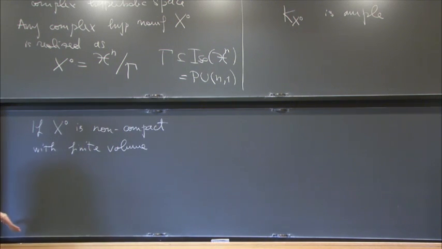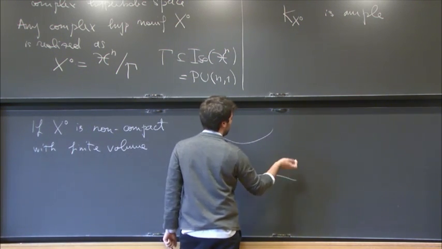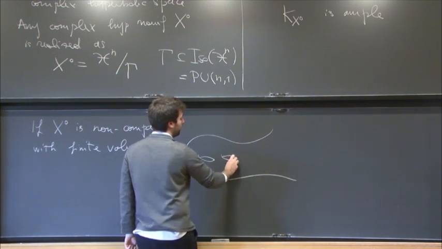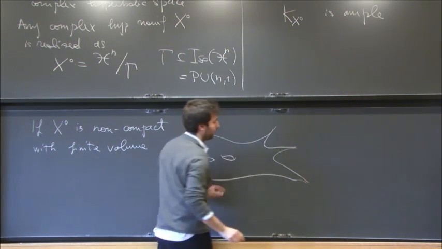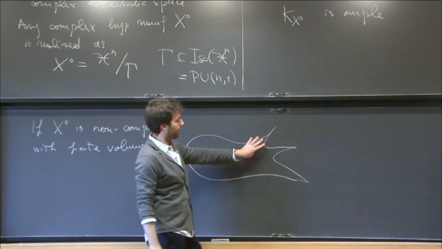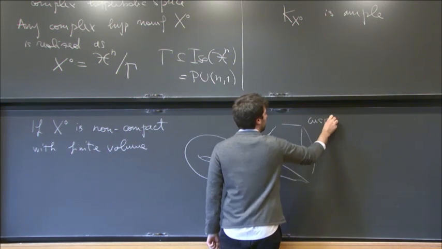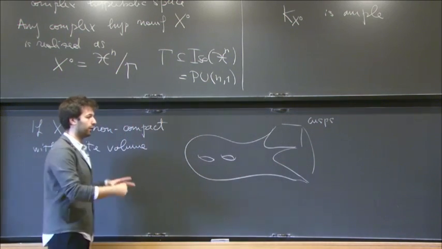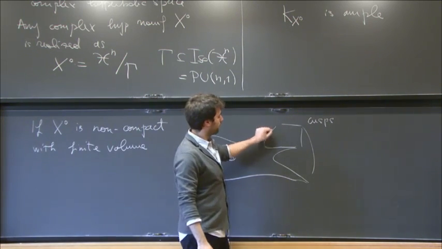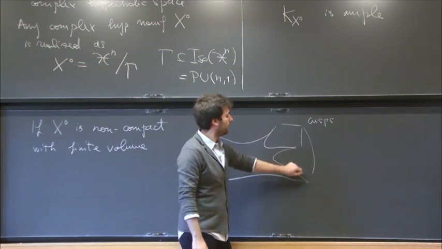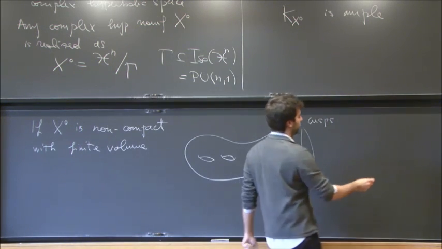The picture one should have in mind is a compact core with finitely many ends, which are called cusps. They all carry finite volume, even though they are infinite. The Baily-Borel compactification basically shrinks the finitely many cusps down to a point.